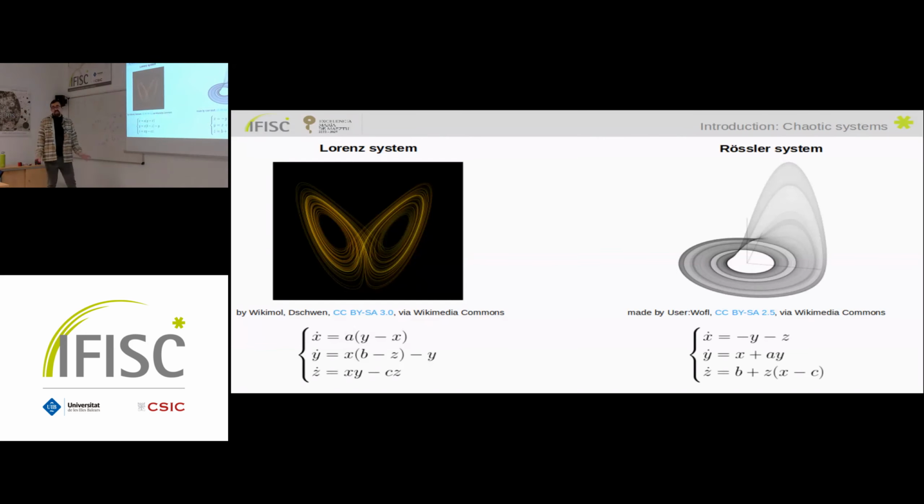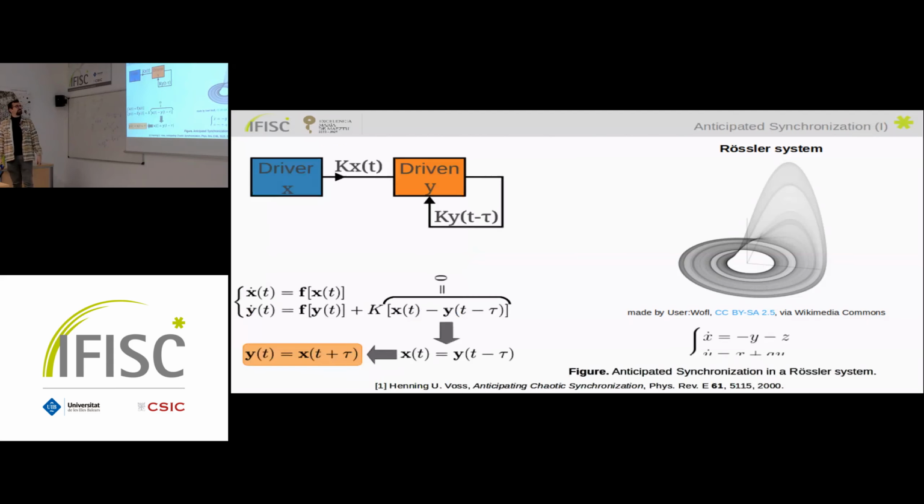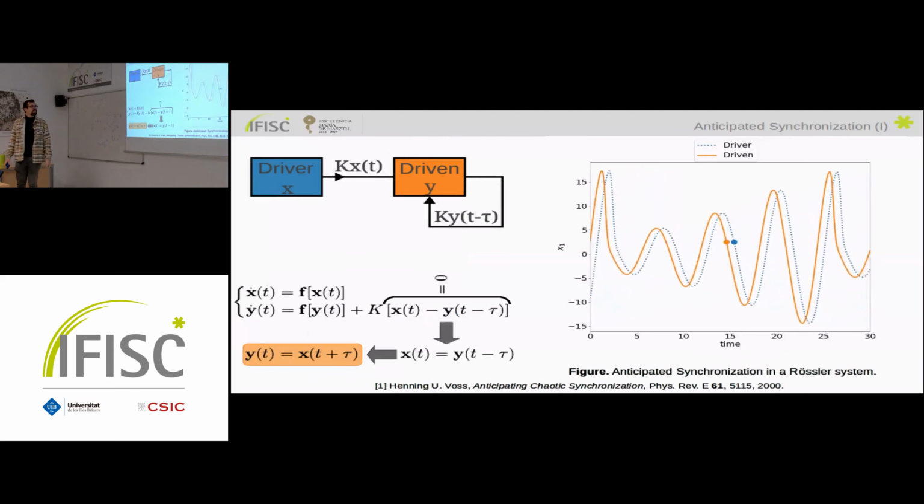Originally, it was just a simpler model based on the Lorenz one, but wasn't a model for anything in particular. But it turned out that this model has some applications to equilibrium of chemical reactions. Okay, so these are some of the chaotic systems that we will be using. And now let's go to anticipated synchronization.